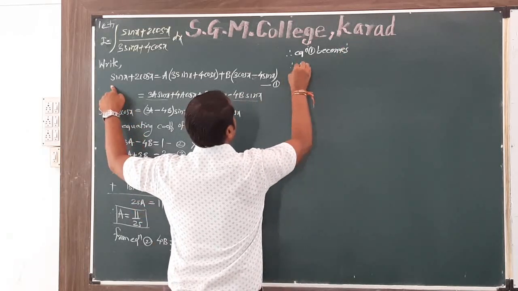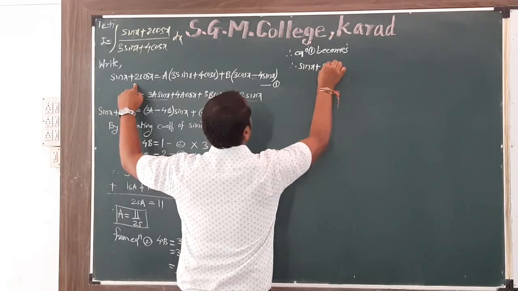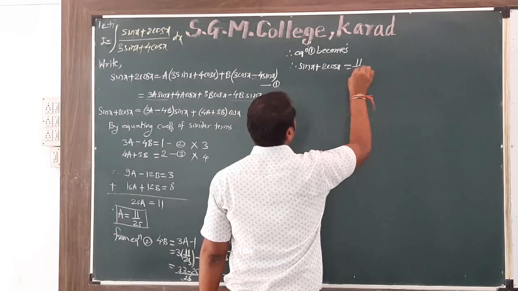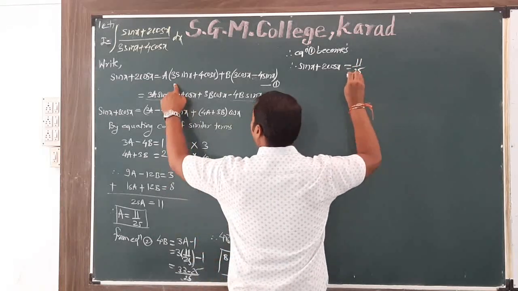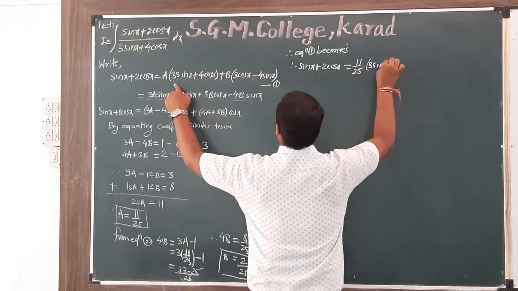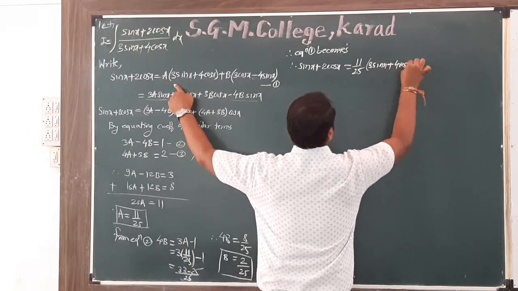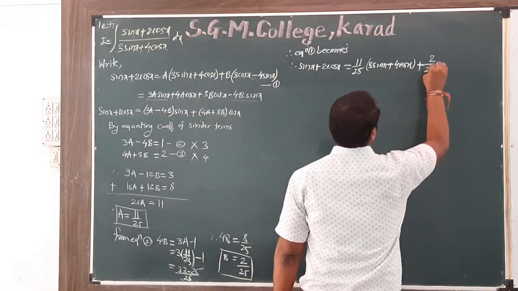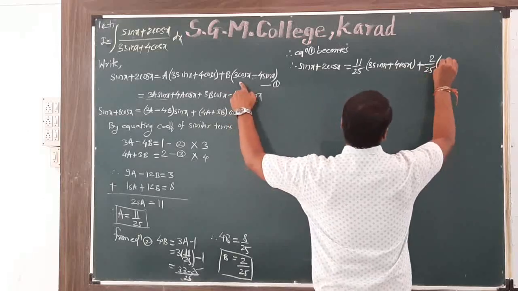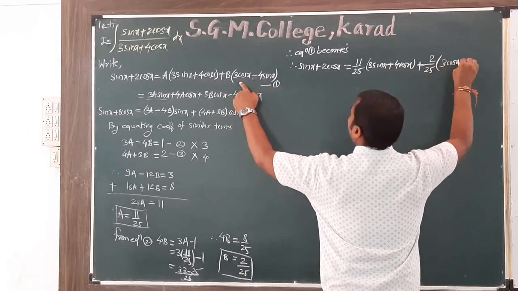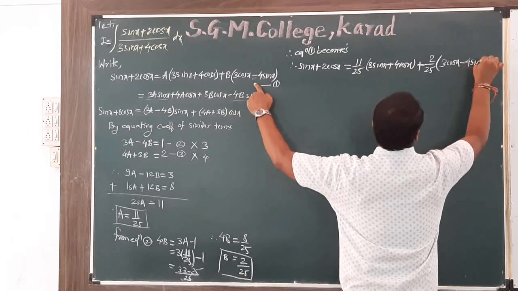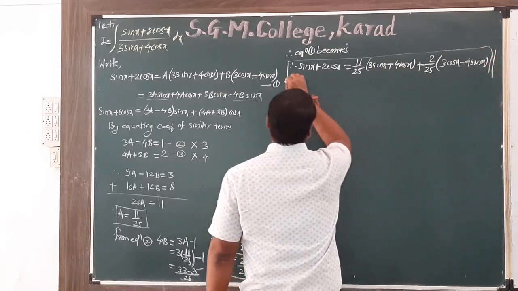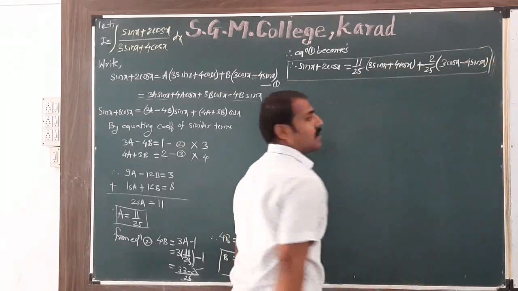LHS is sin x plus 2 cos x is equal to, a is what? 11 upon 25 into (3 sin x plus 4 cos x) plus value of b, here 2 divided by 25 into bracket 3 cos x minus 4 sin x. Okay, here is our numerator. Now the second step is completed.